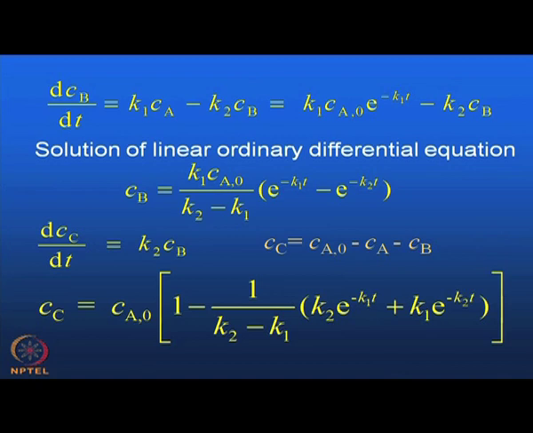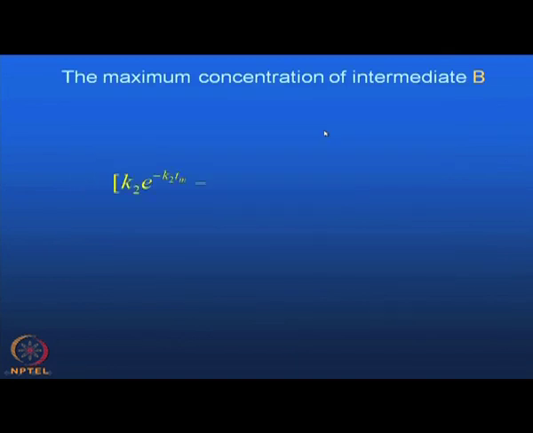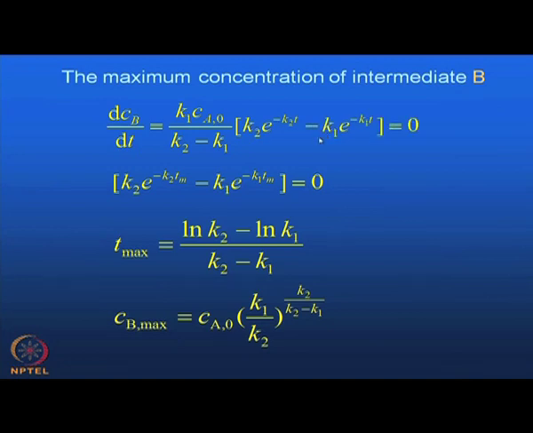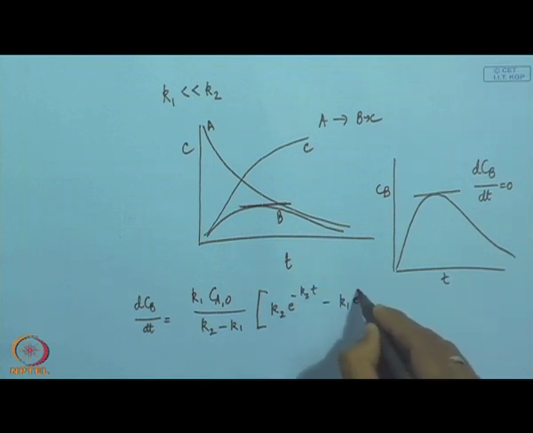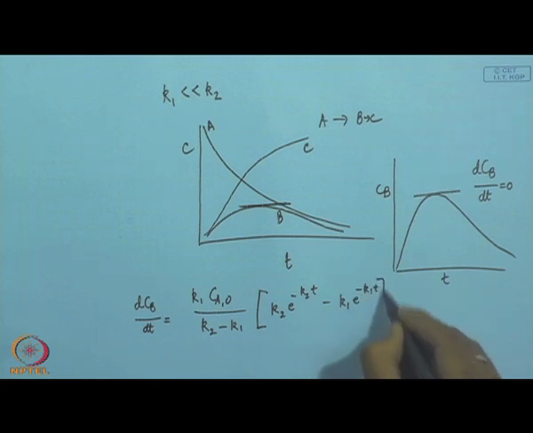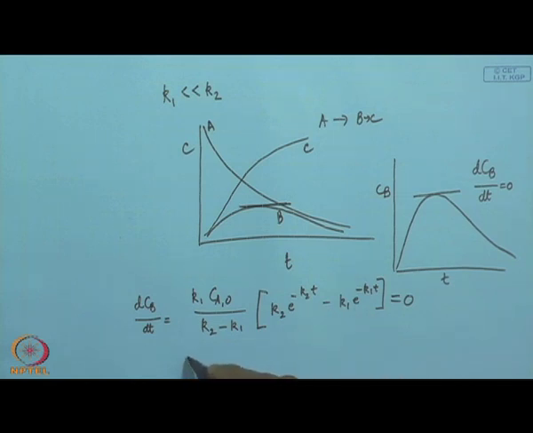This is your dCB/dt. So, we have to use this expression: K2 exponential minus K2 t minus K1 exponential minus K1 t, equal to 0. Equal to 0 means this is 0, and that is for t equal to t max.